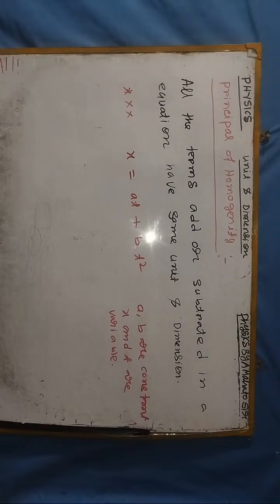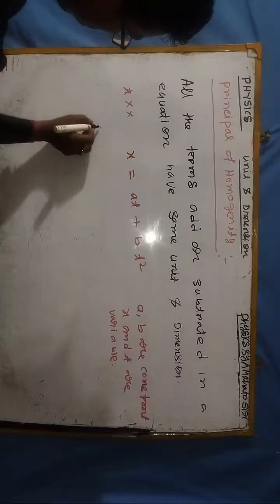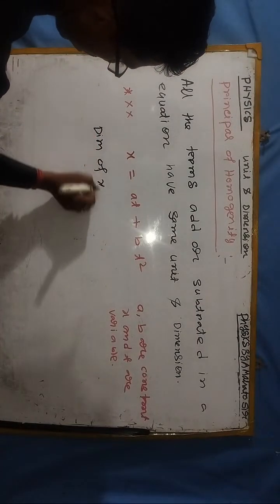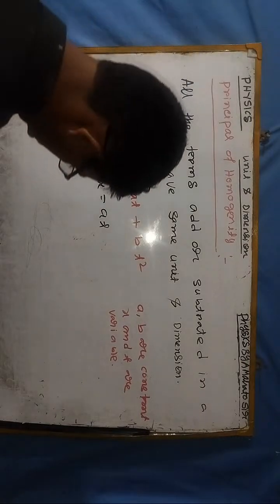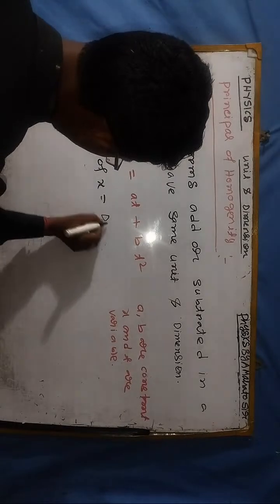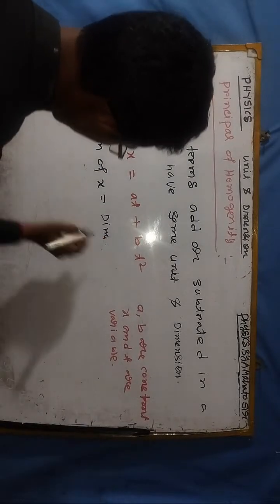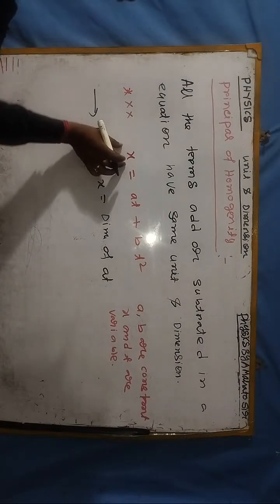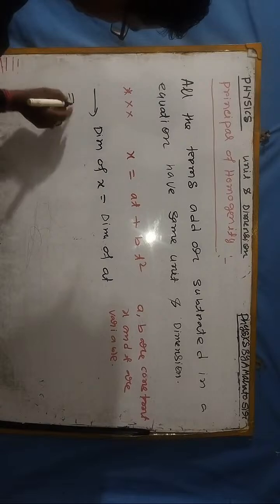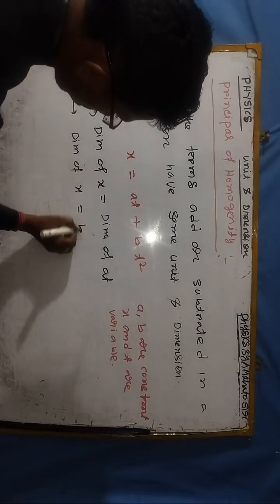So the dimension of x equals the dimension of a, and the dimension of x equals the dimension of b into t square.